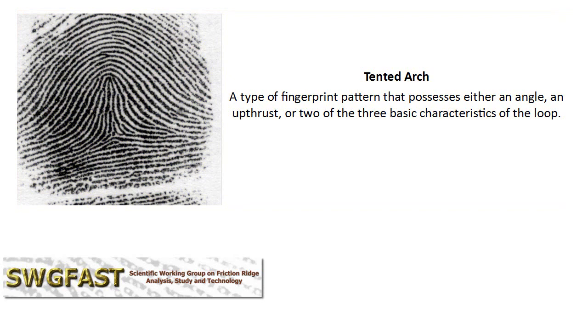This definition will not do too well at this point because I have not explained what a loop is, and I have just briefly mentioned upthrust, and now I'll be getting into another concept of the tented arch, and I'm going to do that by using the FBI definition.